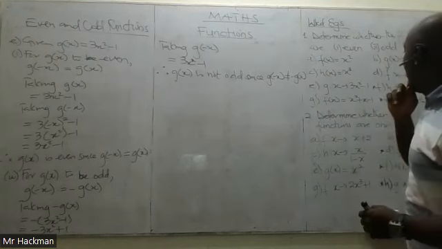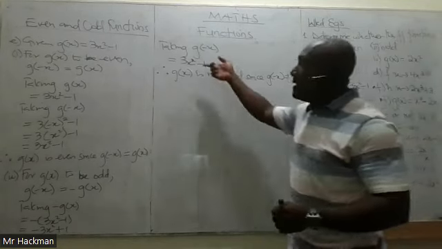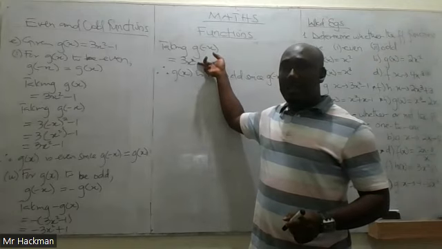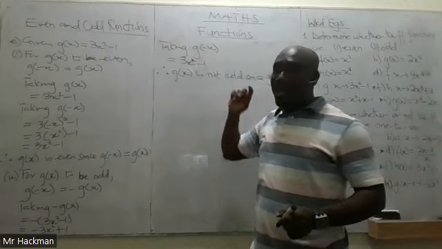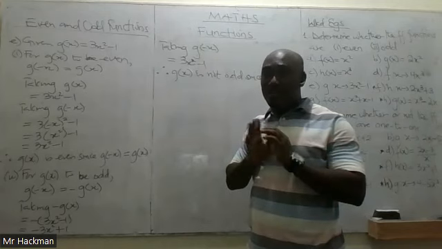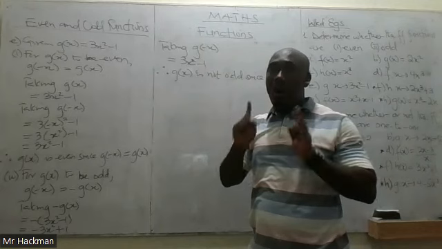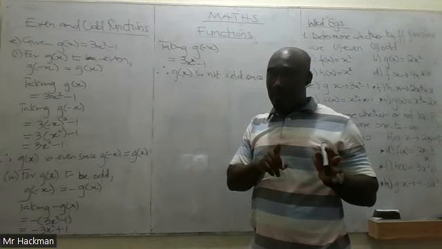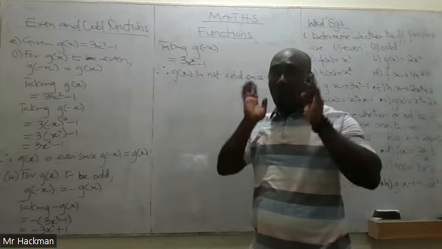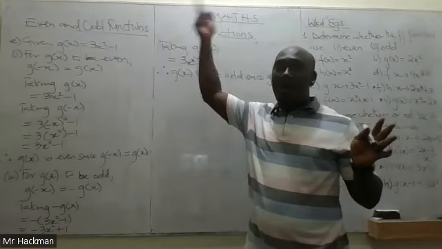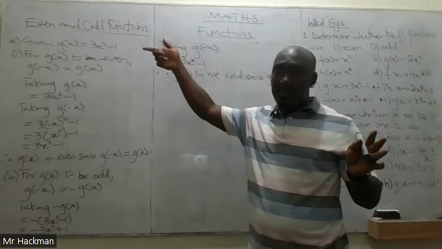If you look at this critically, this is a two-term function. Remember I said concentrated is a two-term function, and you have only one variable term. If you have only one variable term, you can use the power to make that determination.